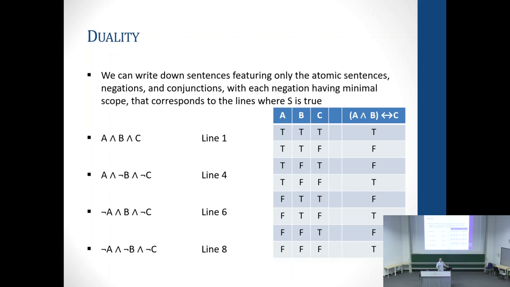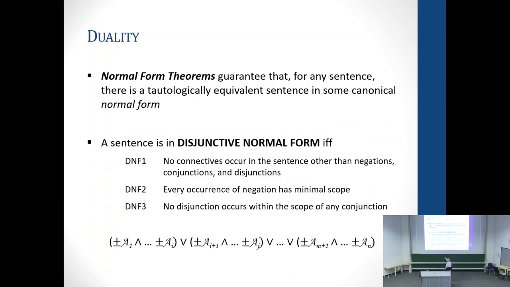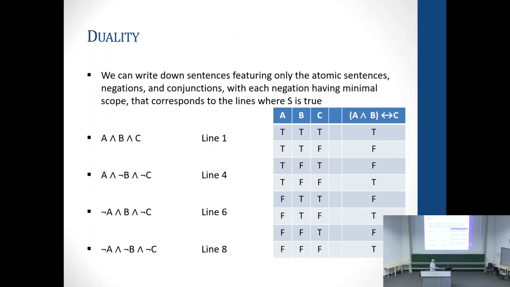Note what we're doing is effectively, to go back a slide, building these. And then what we're going to do, once we have all of the cases where the sentence is true, we then just join them. So this sentence will be tautologically equivalent to the disjunction of all of those.